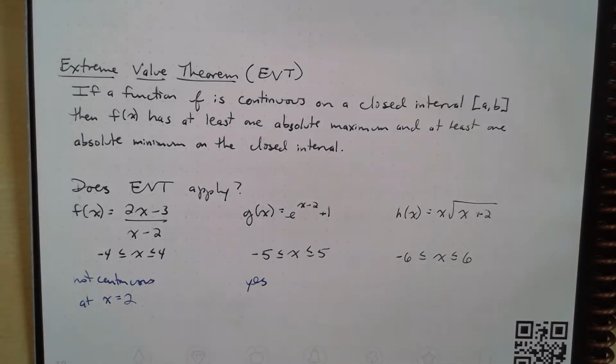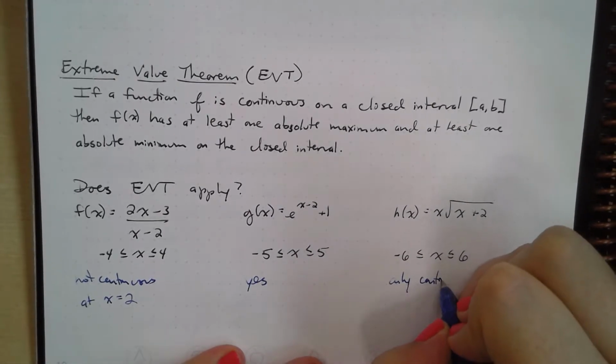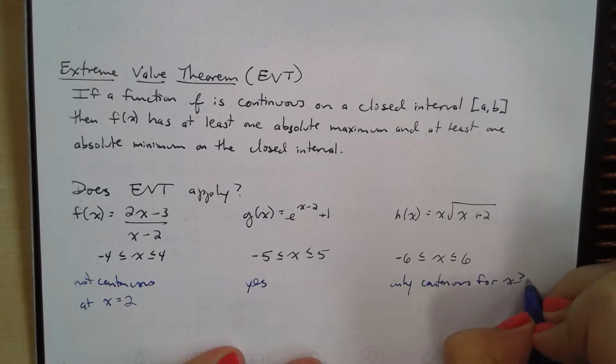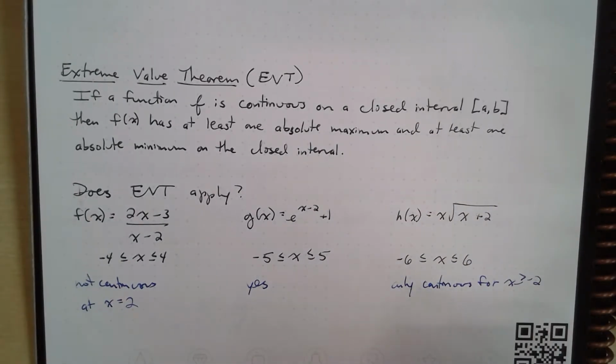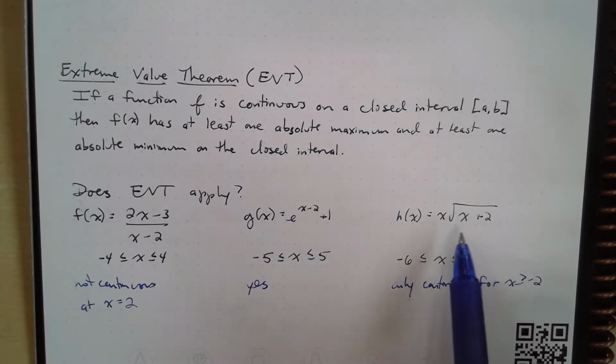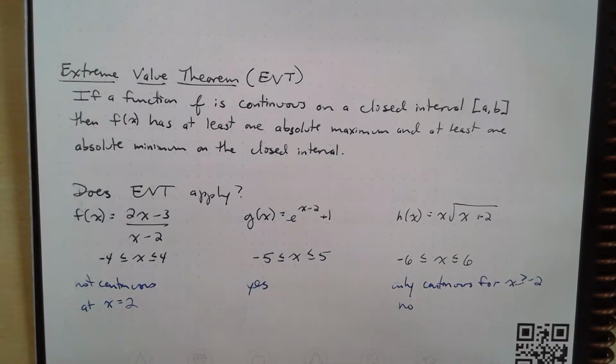This is only continuous for x greater than or equal to -2, because anything less than -2 would be a big problem. So no, this does not apply either. Hopefully that makes sense.